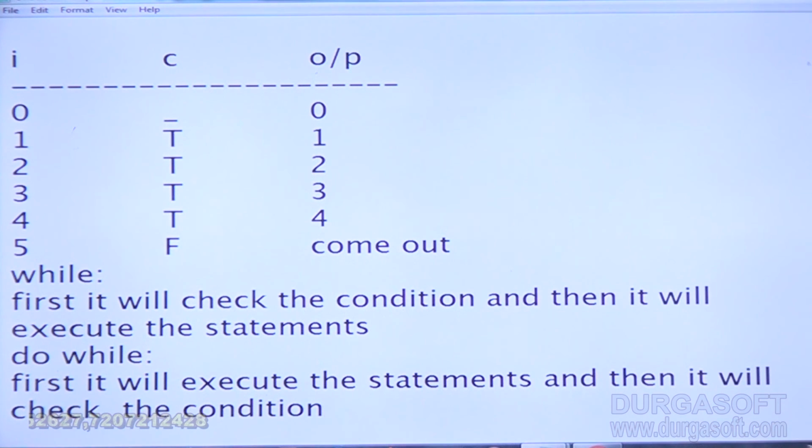In the while loop, first it will check the condition, after that it will execute the statement. But in the do while loop, it will execute the statements, after that it will check the condition. That is the only difference between while loop and do while loop.